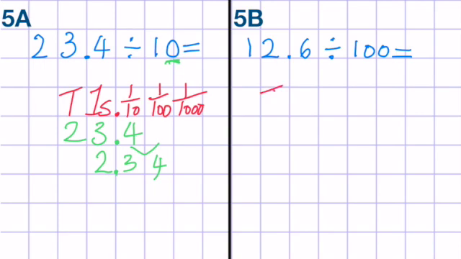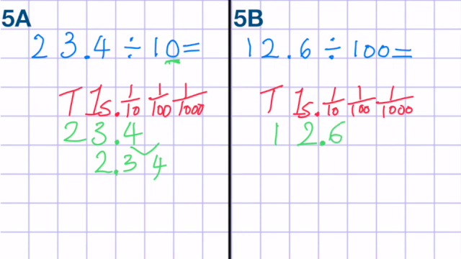Now over on this side, we've got the tens column, the ones column, tenths, hundredths, and thousandths column. So it's 12.6, like that. And the digits are going to move 2 places, right? Because 100 has 2 zeros and we're dividing.